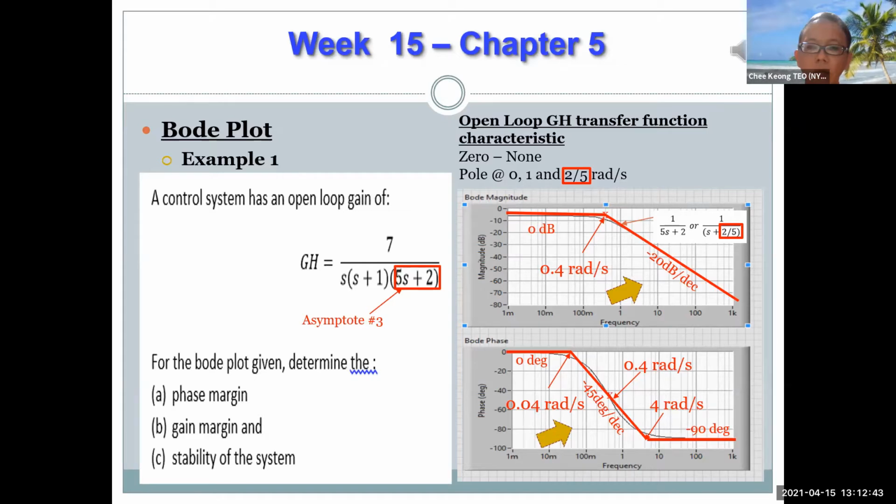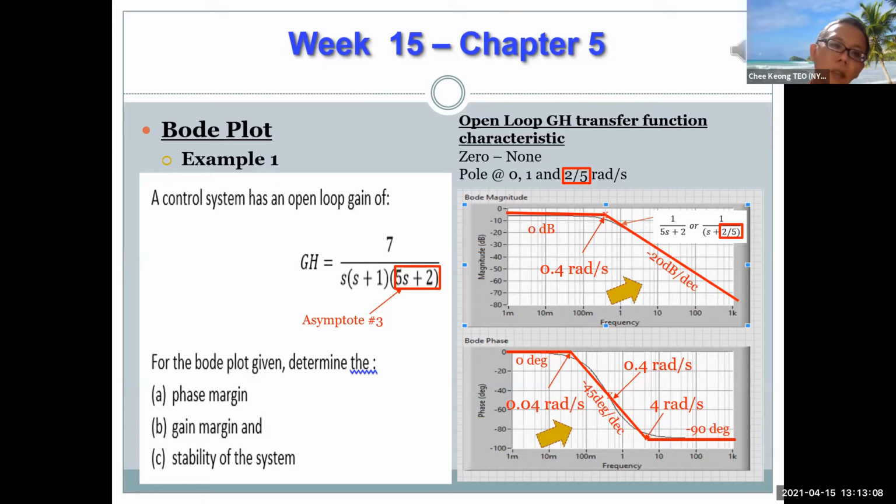For the phase plot, again using form 5 of the phase plot, the response will be flat at 0 degree from minus infinity till 0.04 radian per second. Thereafter, it will slope down at minus 45 degrees per decade, and when it reaches 4 radian per second it will flatten at minus 90 degrees till infinity.